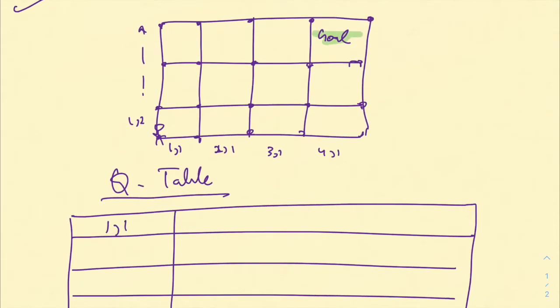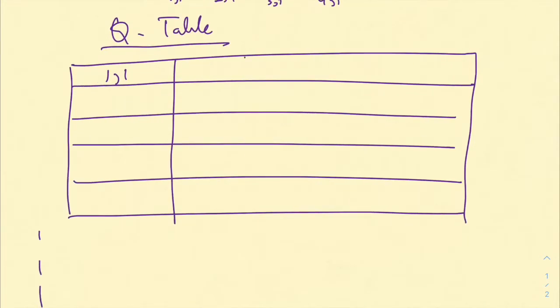Now what is action? Action can be the actions that the agent can take. So I have assumed here that the actions the agent can take are north, south, west, and east. So there will be 4 columns corresponding to the actions: north, south, west, and east.